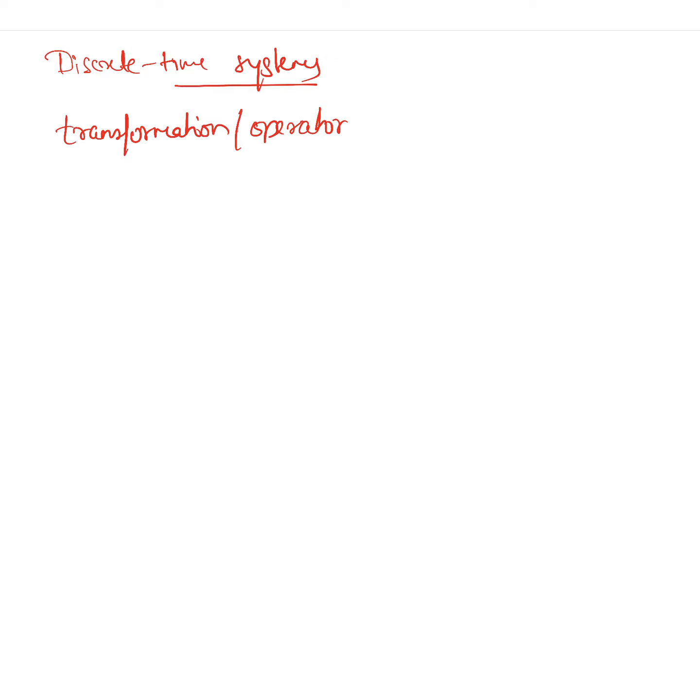that maps an input sequence with values x of n to an output sequence with values y of n. Right? What does it mean? Let's say we have that transformation or the operator such that it maps the value in the input sequence with values x of n to an output sequence with value y of n.